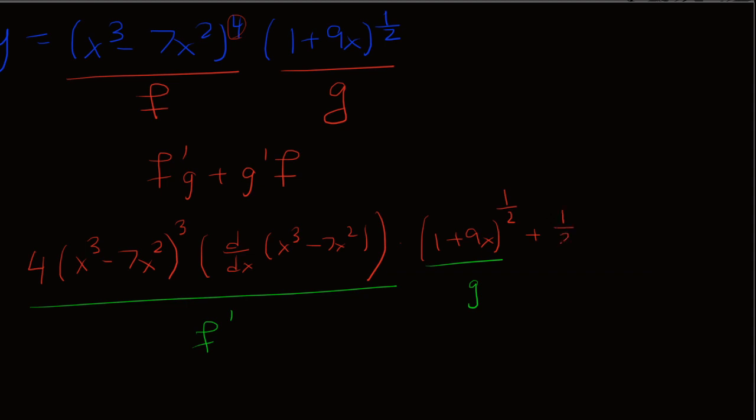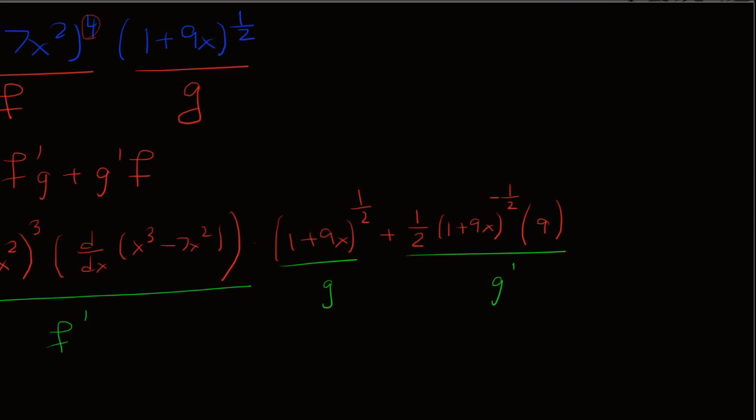So we're going to bring down the power, keep everything the same on the inside, subtract 1 in the exponent, then multiply by the derivative of the inside. So the derivative of 1 plus 9x is 9. Okay, so that's g prime. And finally, we're going to multiply it by f. So it's x cubed minus 7x squared to the fourth.